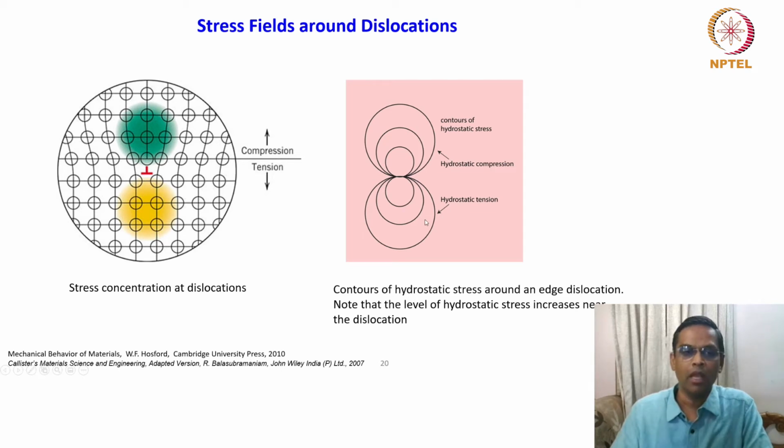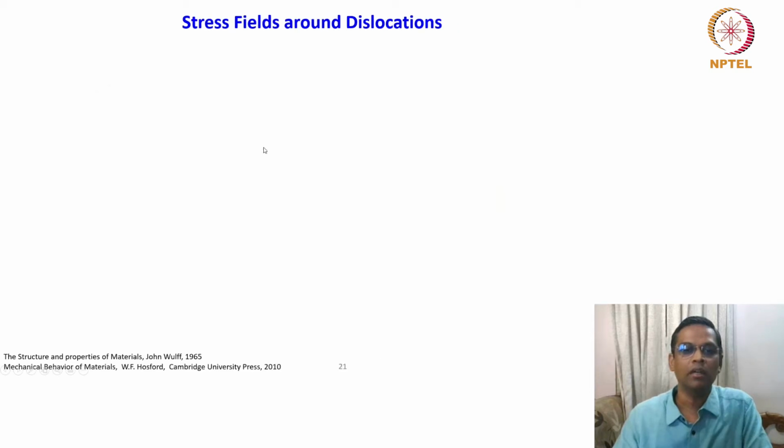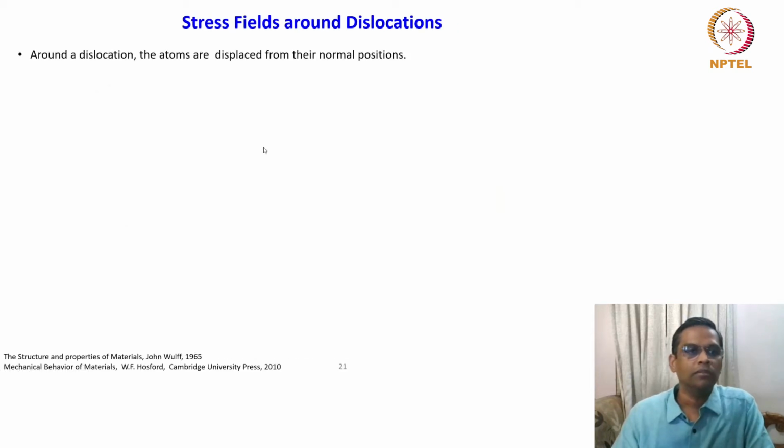We will now see how complicated it becomes when it comes to the edge dislocation stress fields, as compared to the screw dislocation. Around a dislocation, the atoms are displaced from their normal position.